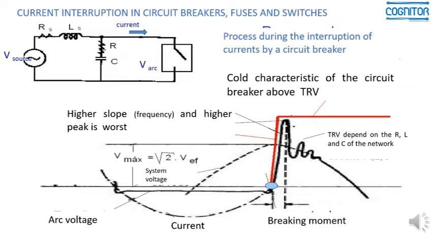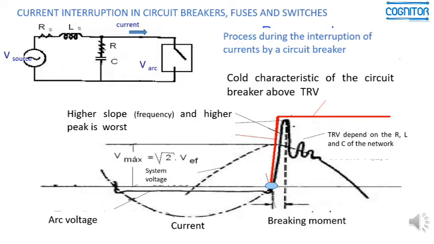In the other extreme, you see the circuit breaker. This circuit is representative of what happens with a circuit breaker when it's going to break a certain current, short circuit current.